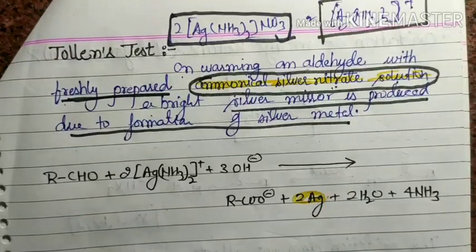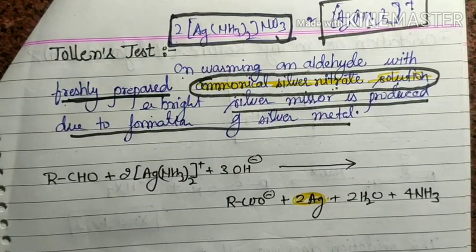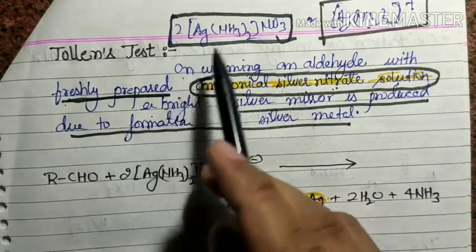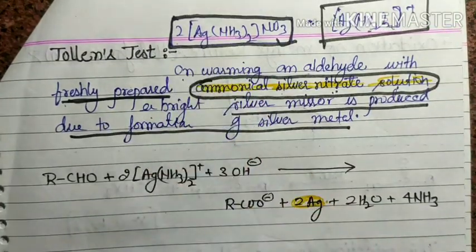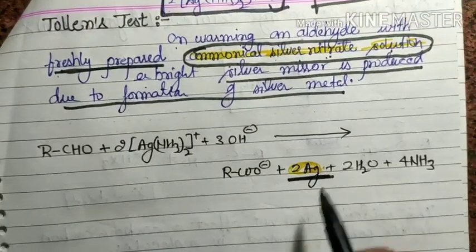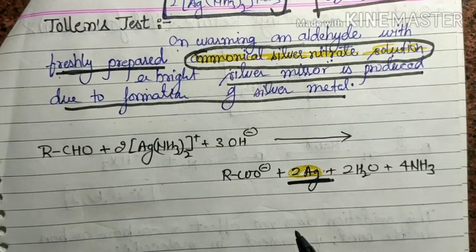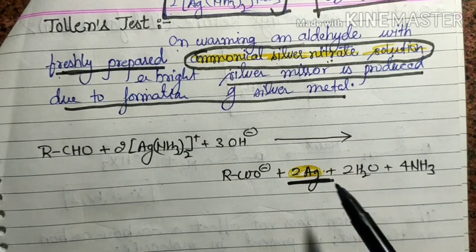What happens if the Tollens reagent reacts with an aldehyde is that the silver ion of this reagent is converted into silver metal, which gives the test. The silver metal formed is deposited on the wall of the test tube or the beaker in which you perform the reaction, showing that an aldehyde is present.